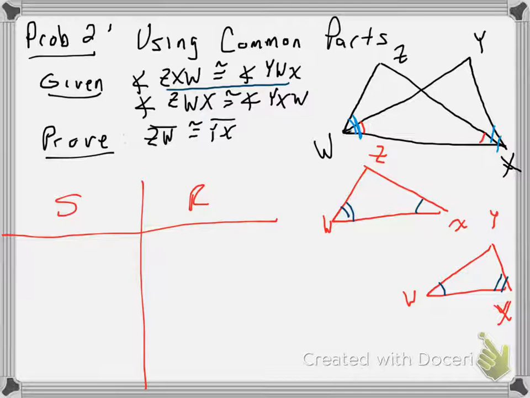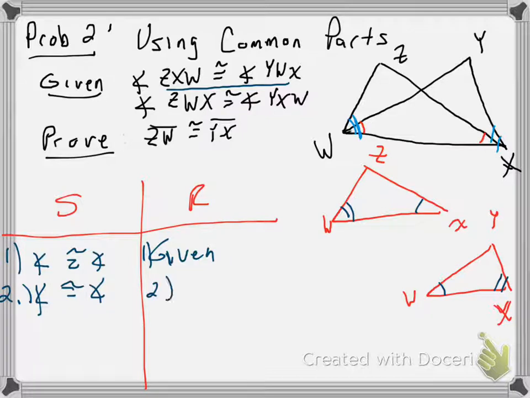But if I look at my proof here, let's take my statements. One, angles congruent, I'm not going to rewrite it because I'm kind of cramped for space, is given. And two, angle ZWX is congruent to angle YWX. Again, that's given as well. So we're stating our given. And this falls along with the proofs that we've been doing.